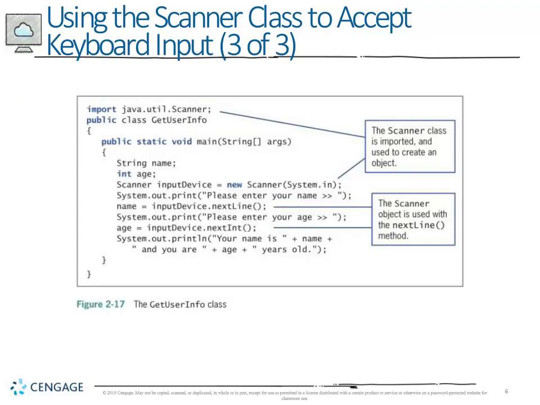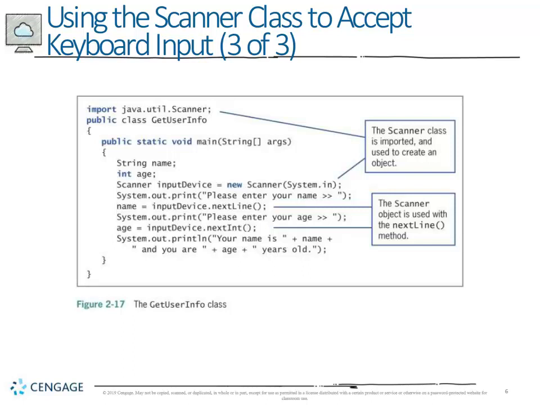Let's take a look at the Scanner class in Java. The Scanner class is used to get user input, and it is found in the java.util utility package. Scanner breaks input into units called tokens. To use the Scanner class, we first import java.util.Scanner; semicolon.